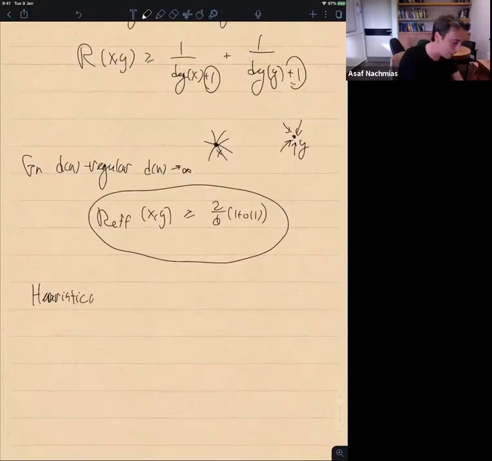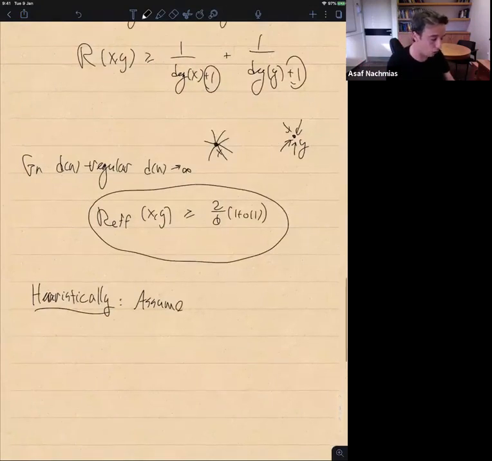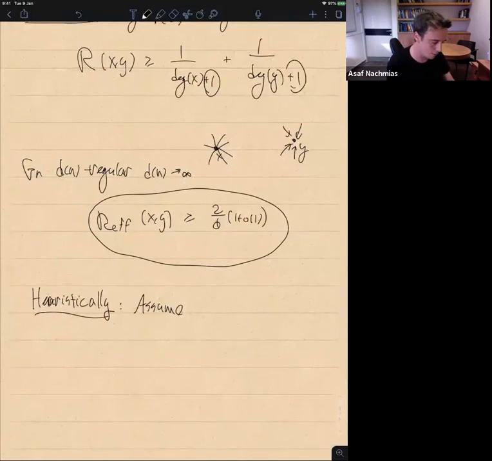So heuristically, I'm not exactly telling you what I'm assuming, but let's assume that we have it for all pairs x, y. I will only use it for edges, so as long as I'm assuming something that is not true, let's just assume it for edges.